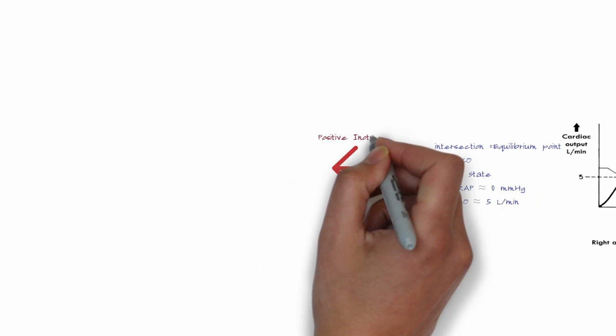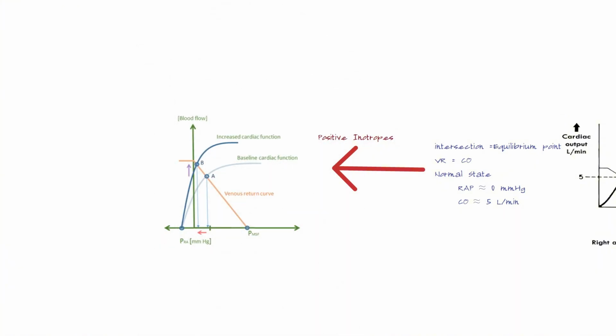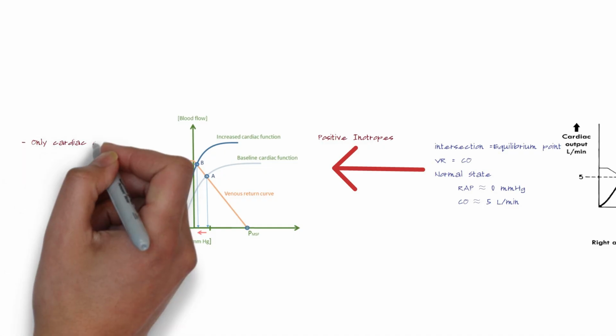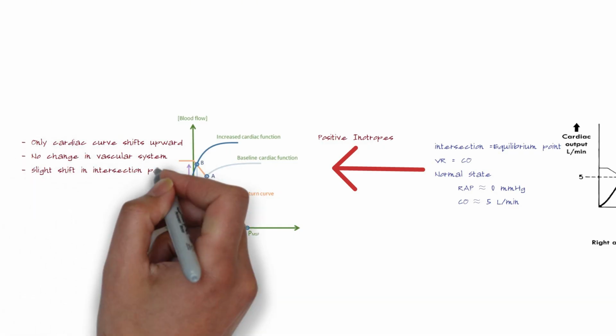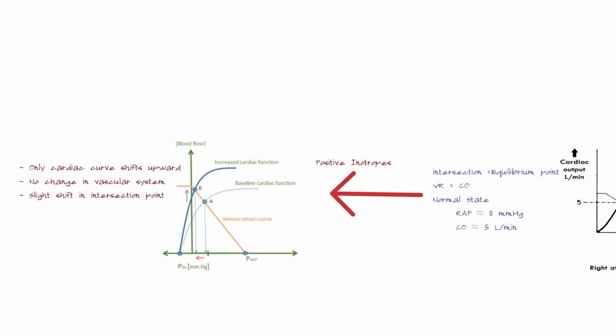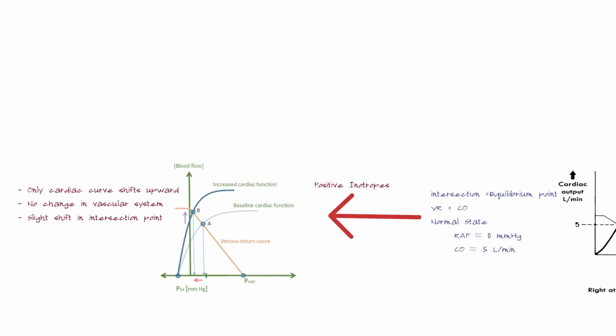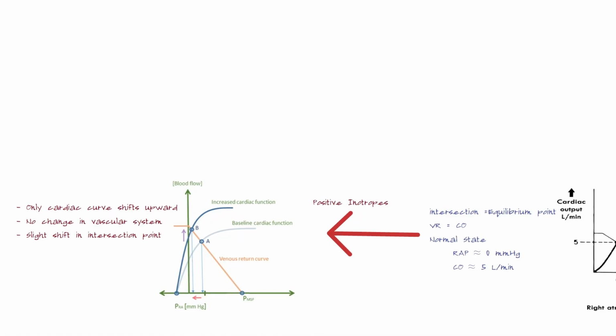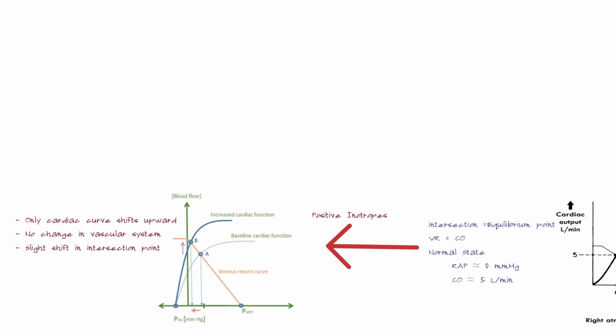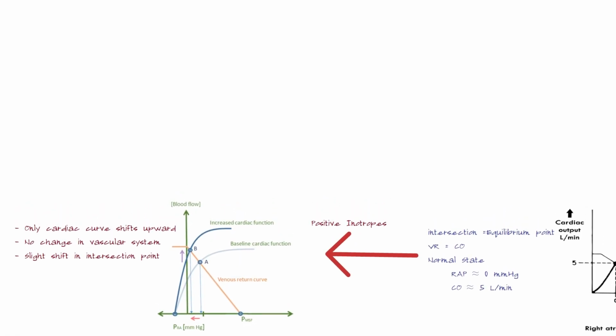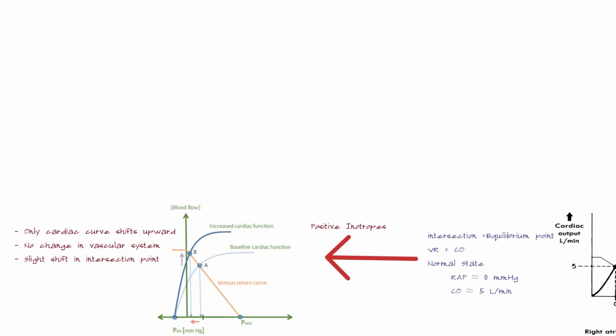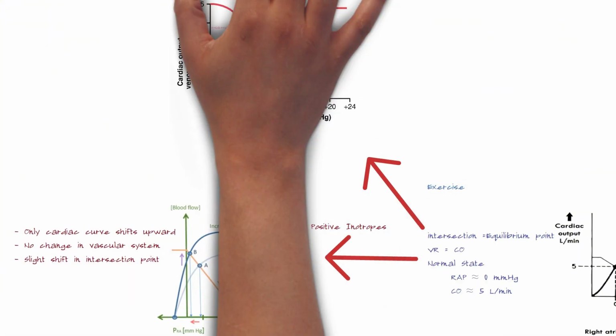Finally, we looked at the intersection between the venous return and the cardiac output. Both curves meet at the equilibrium point where the right atrial pressure is 0 and cardiac output equals 5 liters per minute. But with the inotrope, the point shifts slightly upward due to the increase in the cardiac output slope, but there is no change in the venous return curve. During exercise, both curves move.